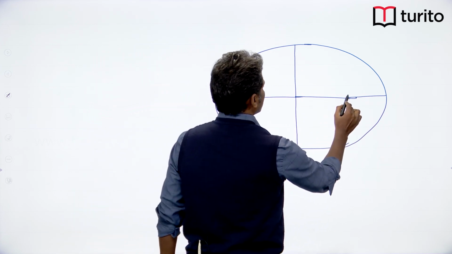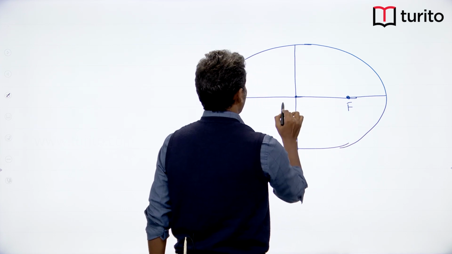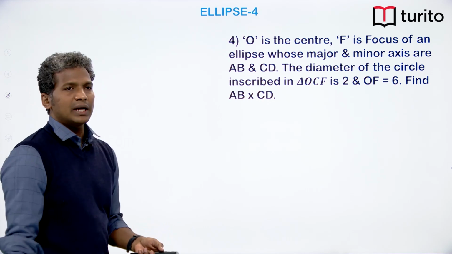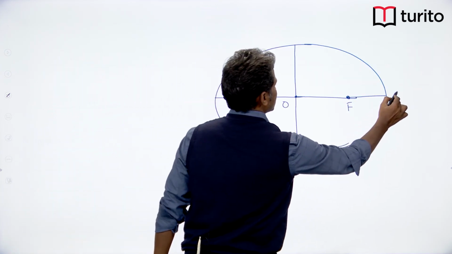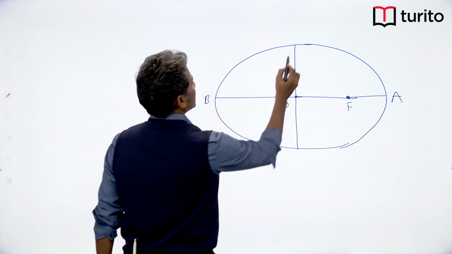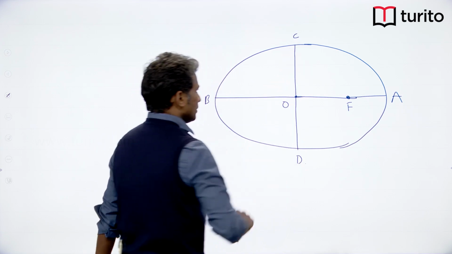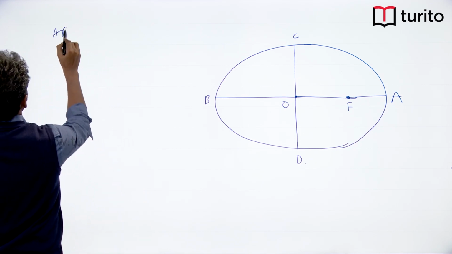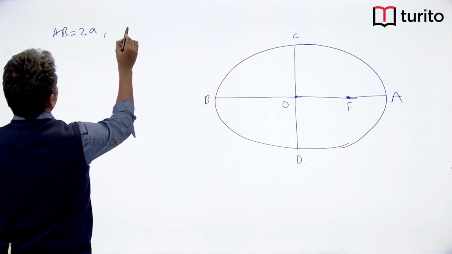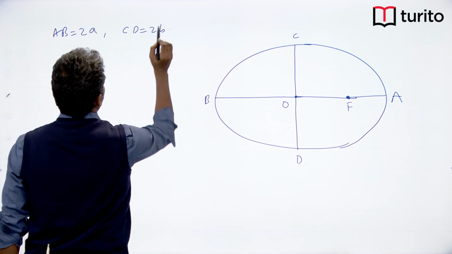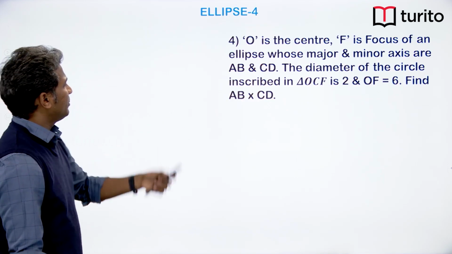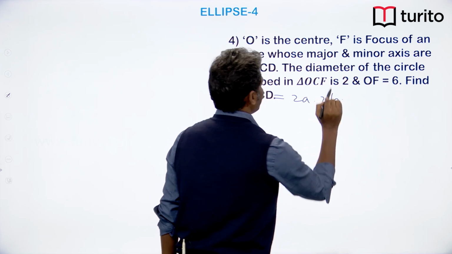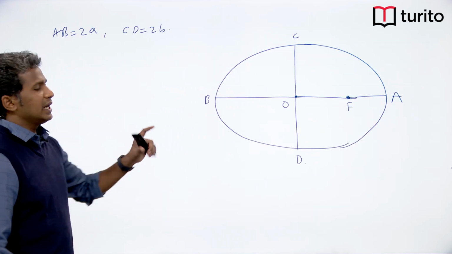Let us say this is my focus F and this is the center O. AB and CD are the major and minor axes, so let us take this as A, this as B, this as C, this as D. If I take AB as 2A and CD as 2B, we have to find AB into CD, which is the same as 2A into 2B. So, we have to find A and B.